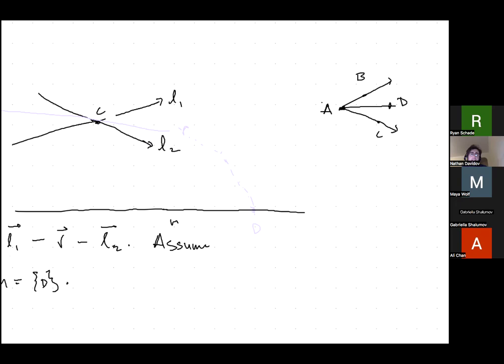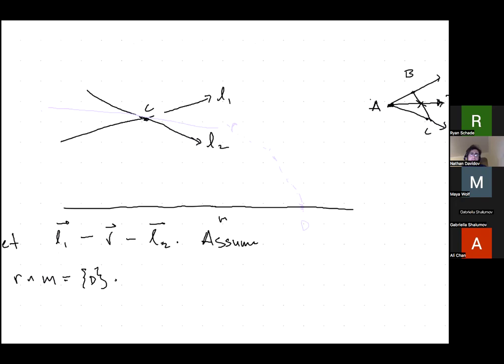Then AD needs to intersect BC at a point. That's just a fact.